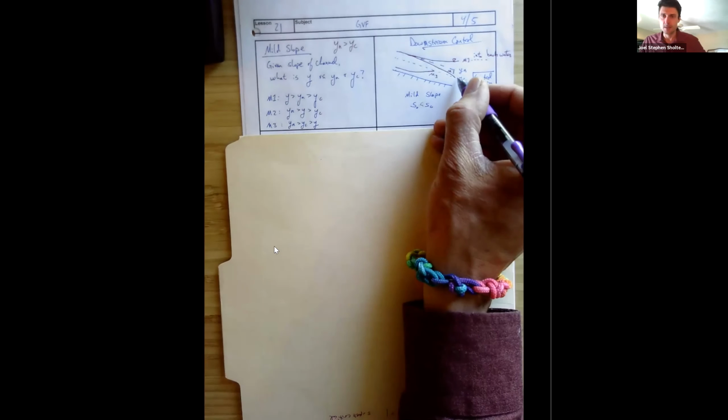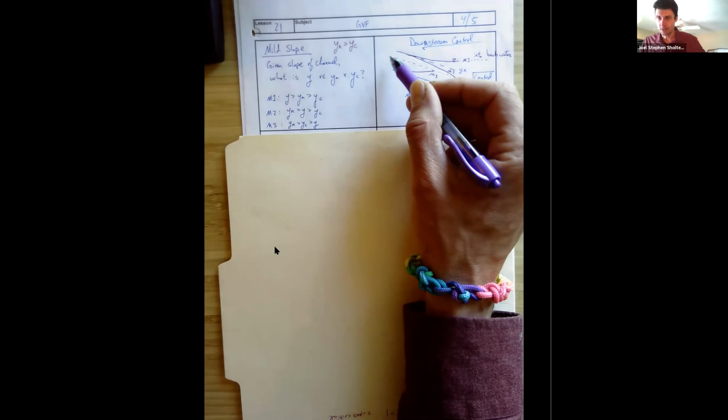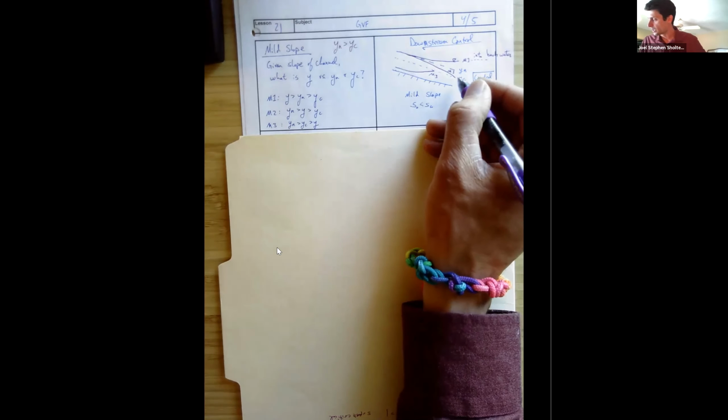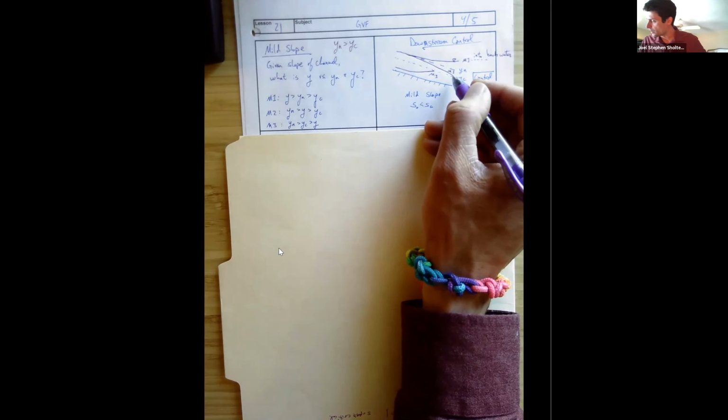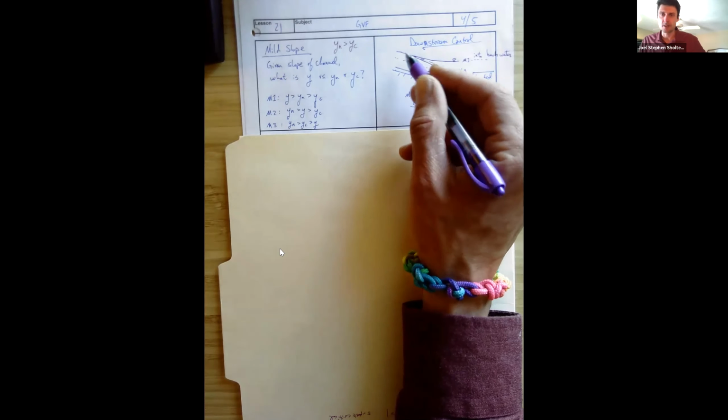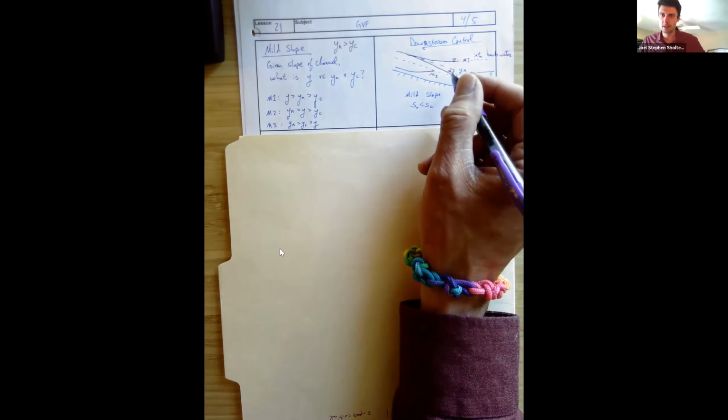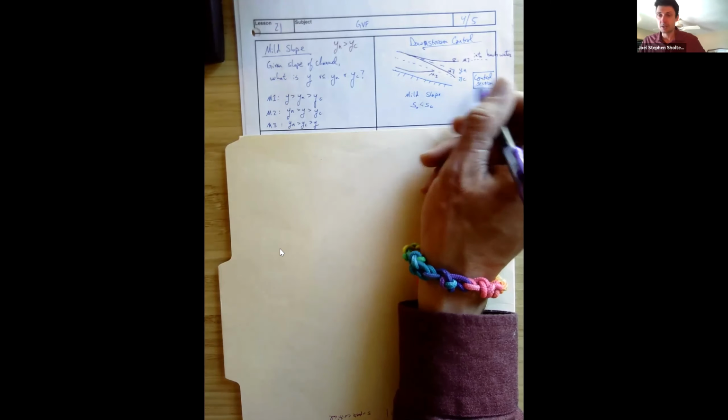And the other thing to remember is that you have a downstream control. And what that means is whatever the depth is downstream influences upstream. So if I have critical depth downstream, then my flow upstream is going to be gradually approaching that critical depth. But if I change the downstream boundary conditions, if all of a sudden the reservoir fills up, then now that water surface profile is going to change.